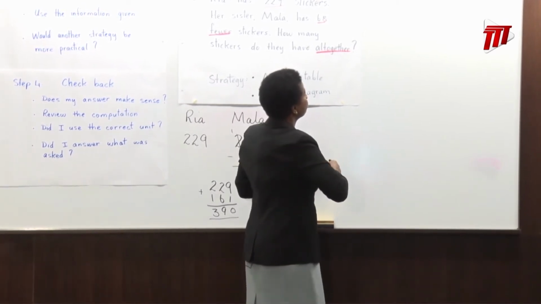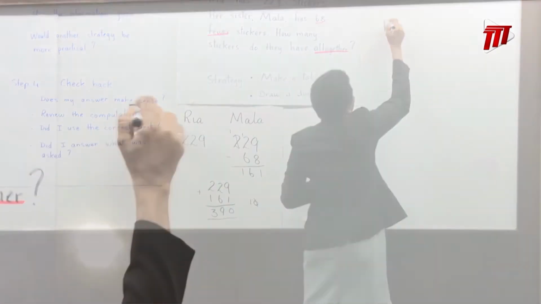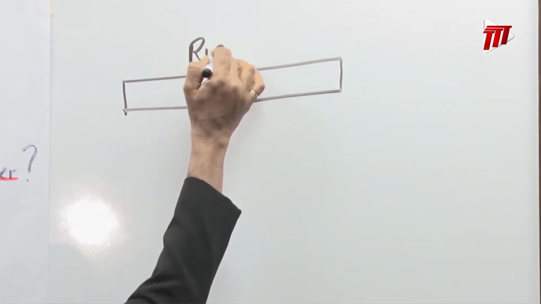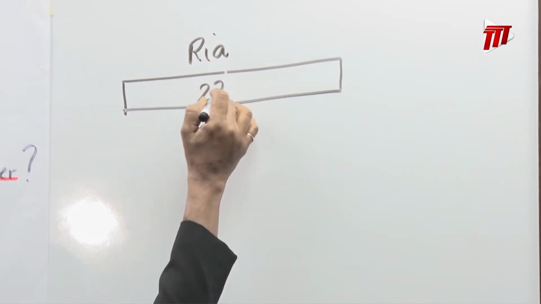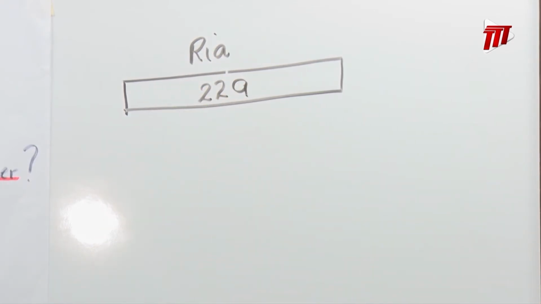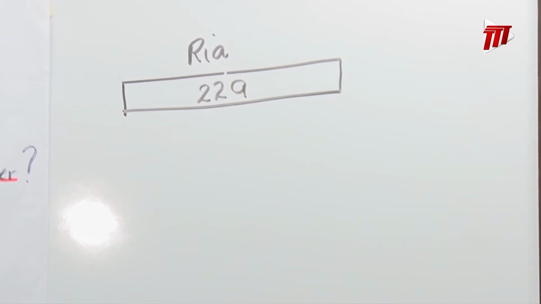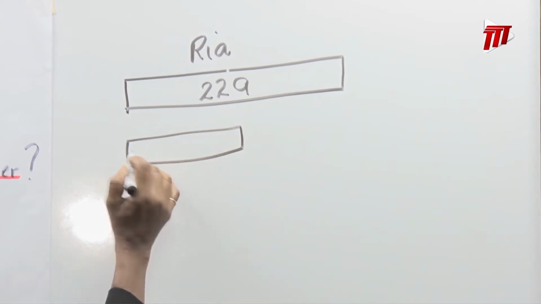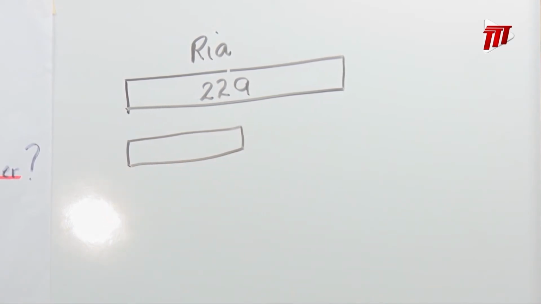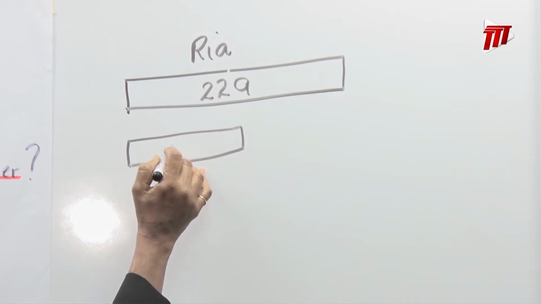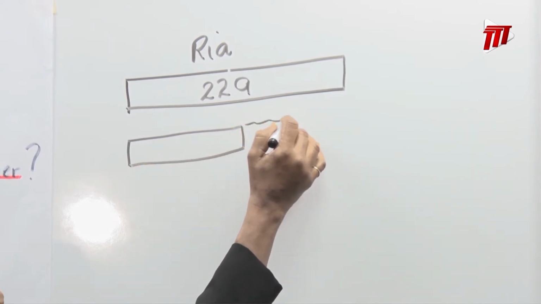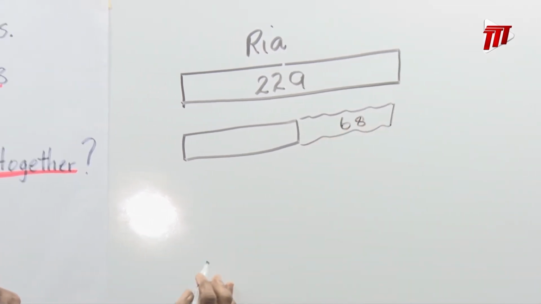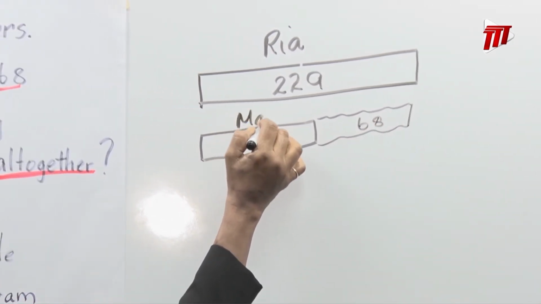So here we go. We are going to draw Rhea. She has 229. Marla has 68 fewer. So I'm going to draw Marla's a little smaller. This amount here would therefore be 68 for Marla.